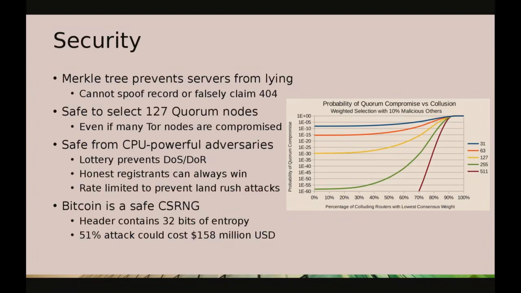And no matter how much power they have, there's always a chance that honest users can still win. And furthermore, by choosing a set number of names, we have limitations against land rush attacks. And we also showed and cited a paper that demonstrates that Bitcoin is a safe random number generator.